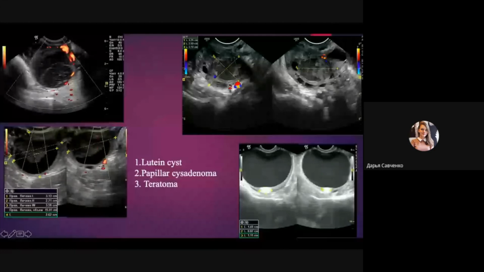The majority you can see on this diagram. Follicular cyst, papillary cystadenoma, and teratoma.